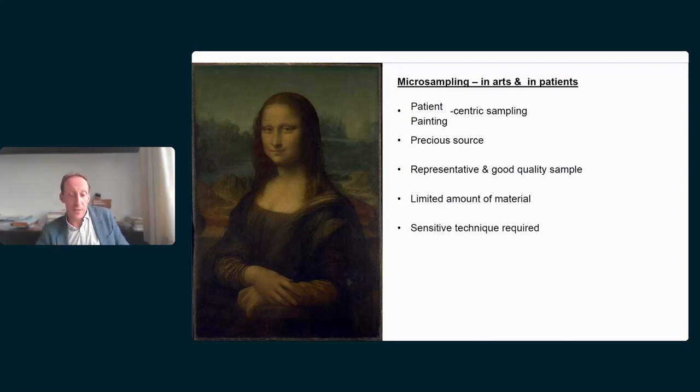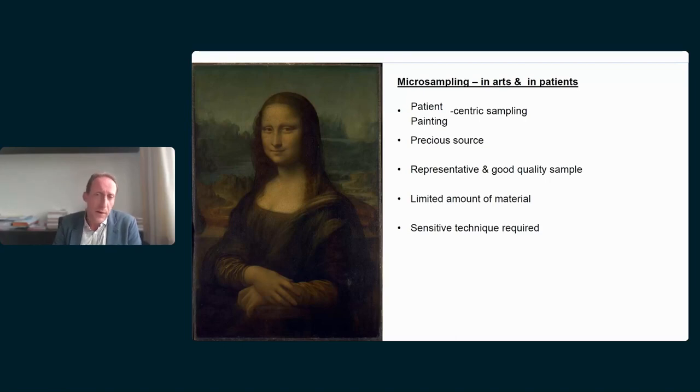And there we come to a next important point. We need sensitive techniques. In order to get new insights from the painting of the Mona Lisa, new high-end techniques were required. Likewise, the advancements of analytical instrumentation made it possible in real life to determine minute quantities of analytes which are present in a microsample.